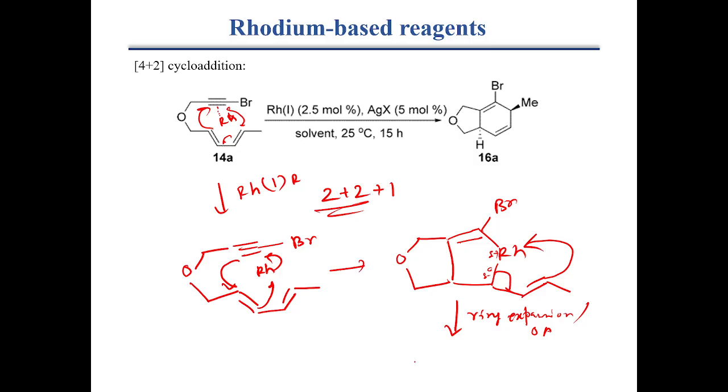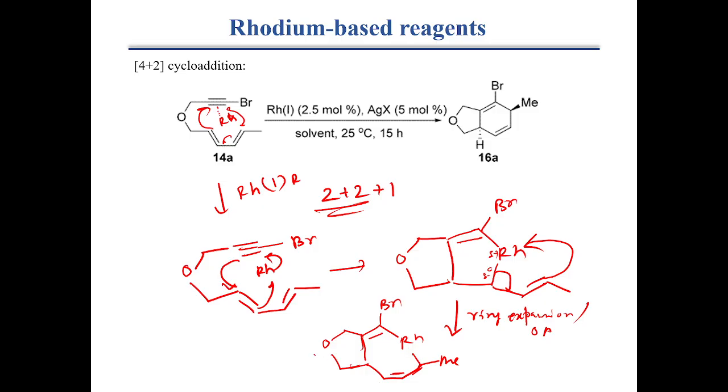So from a 5 to a 7-member ring it will form like this way, with rhodium and methyl: 1, 2, 3, 4, 5, 6, 7.